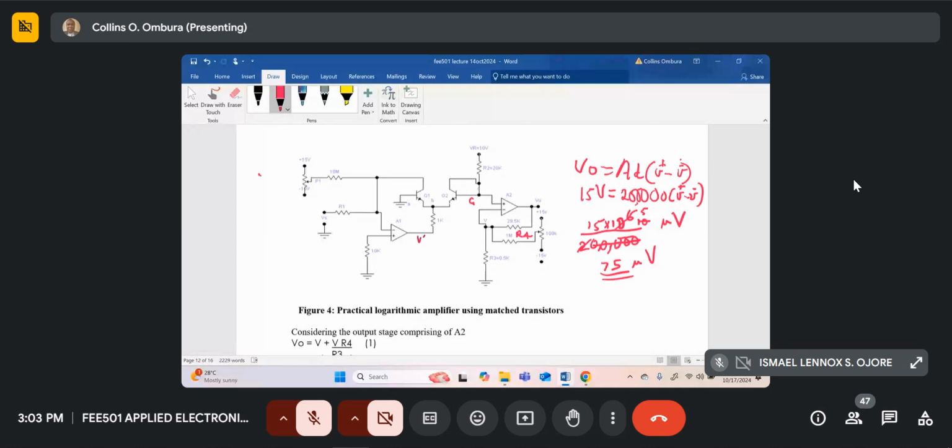So the difference between the two signals, if an op-amp is giving a very large voltage, is negligible.